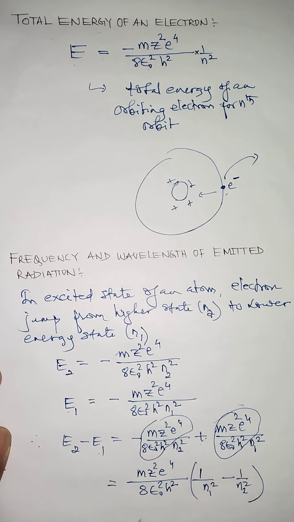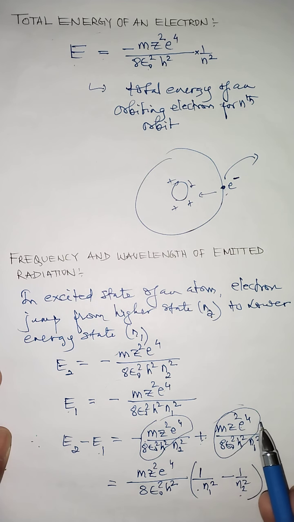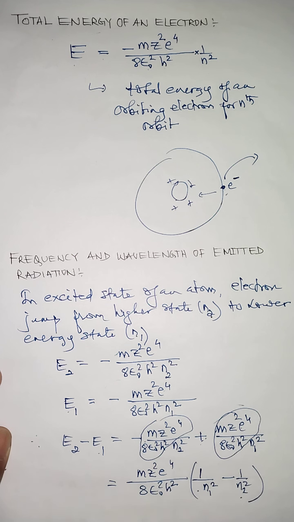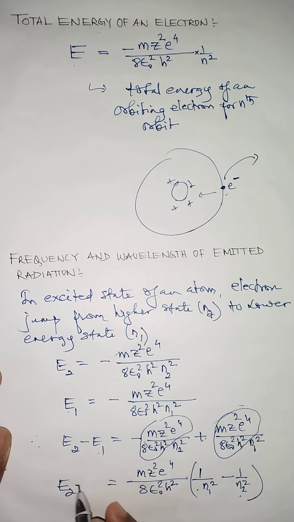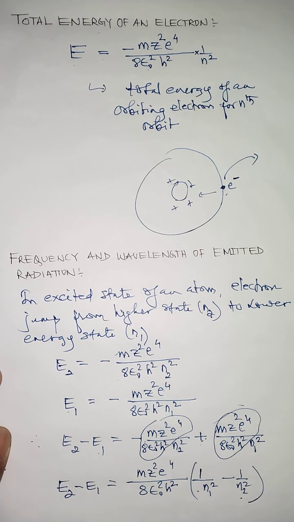So I just rearranged this, writing the positive quantity first and the negative after it, taking the common factor. So this is the energy difference of the electron in the two different orbits.